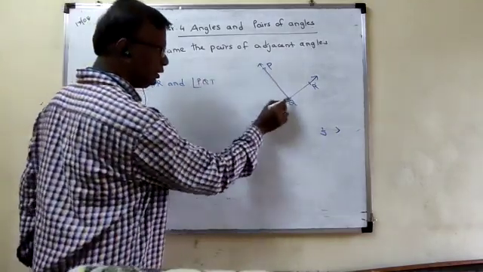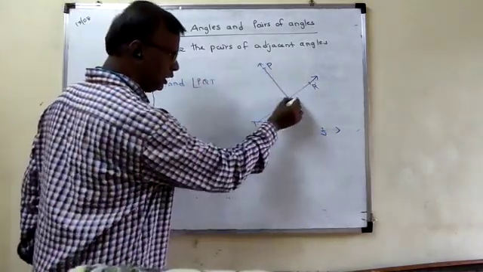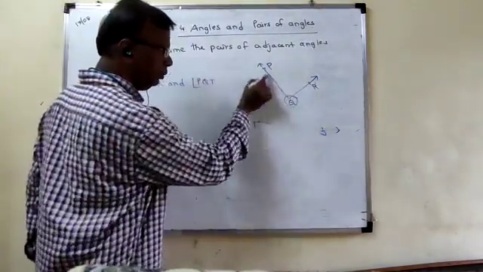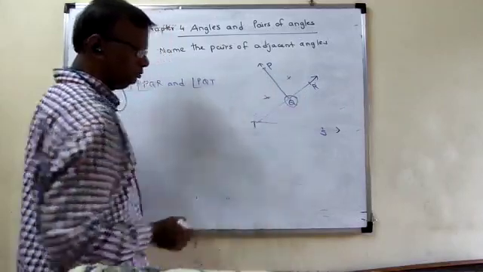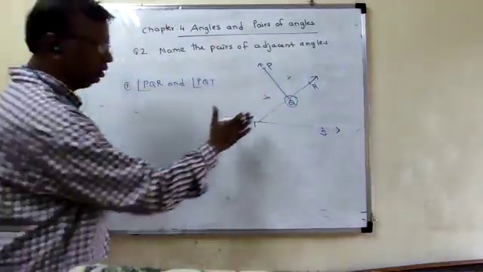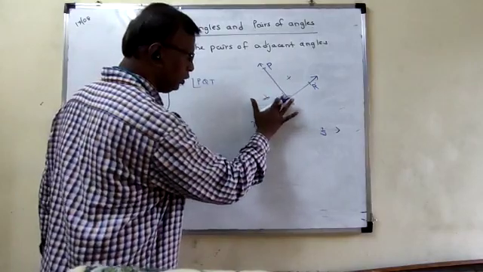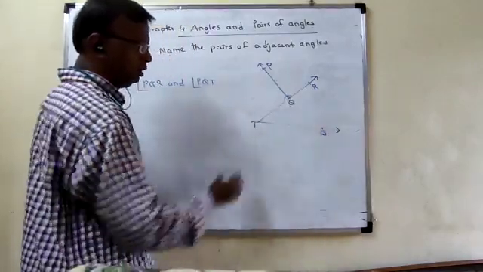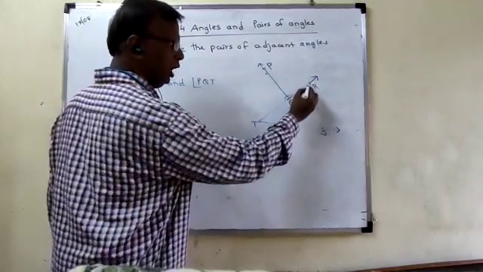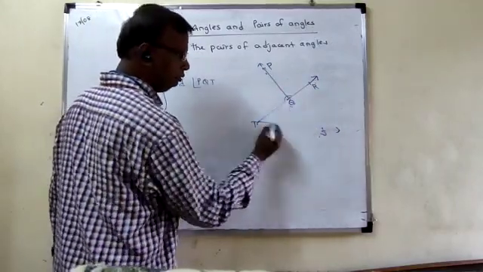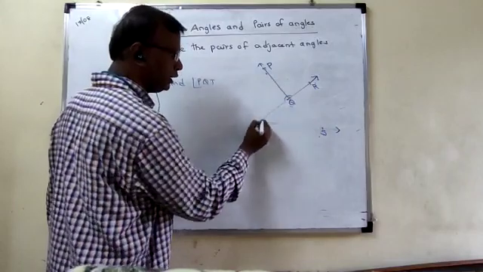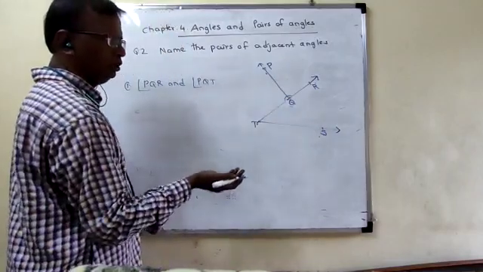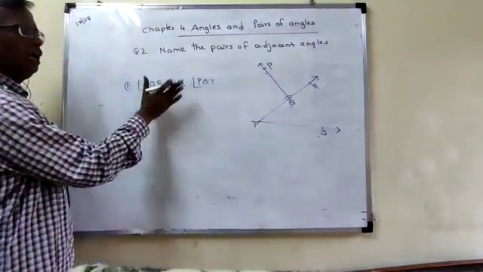Why? Because PQR and PQT have a common vertex, common arm and separate interior. Which other angles won't count? I'll take the other also, but they are not adjacent angles here. If I say PQR and QTR, the vertices are different: here it is Q, here it is T. No common vertex. So this is the only adjacent pair.